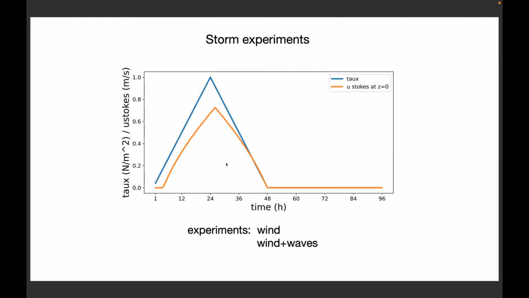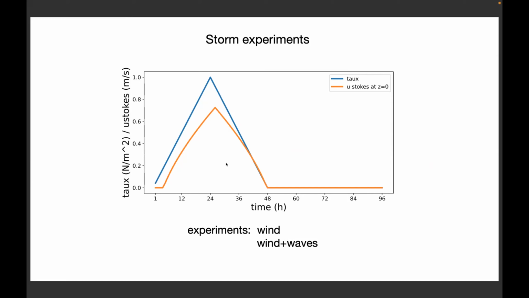The Stokes drift here is now not from monochromatic waves anymore. It's from a frequency spectrum which corresponds to a fully developed sea, so it's in equilibrium with the wind stress. Here we chose a frequency spectrum from Alves 2003, which is an update of the famous Pierson-Moskowitz spectrum.